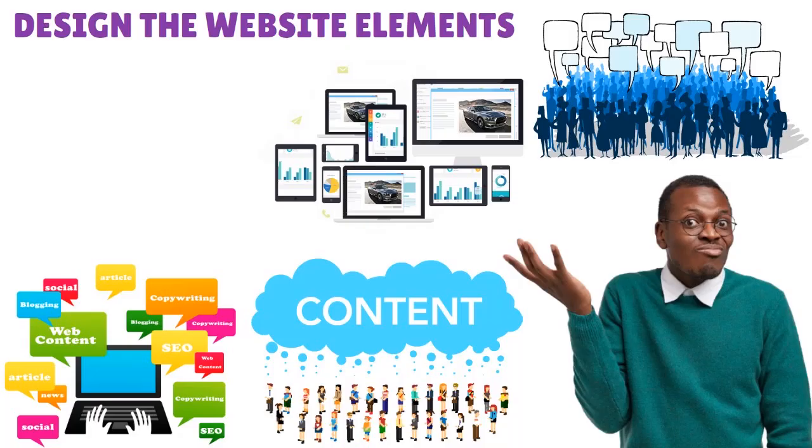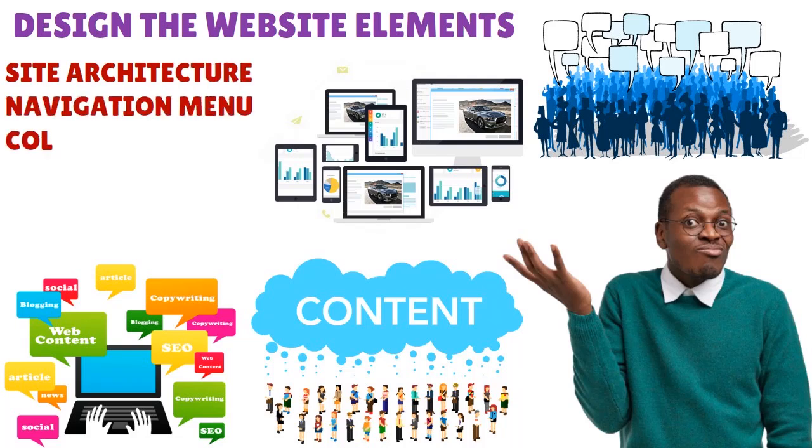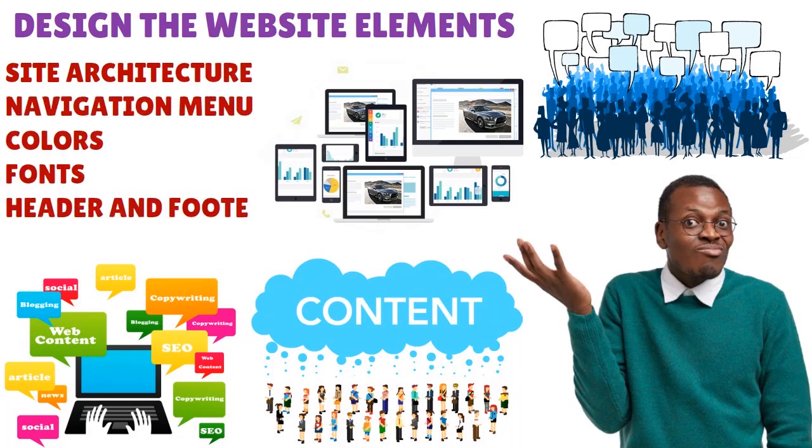So when I speak about website elements, I'm speaking about things like site architecture, navigation menu, the colors, the fonts, the header and footer, and the motion. The site architecture is quite essential if you want to make your site easy to navigate. Your pages should be organized, right? And they have to be linked in an intuitive way.